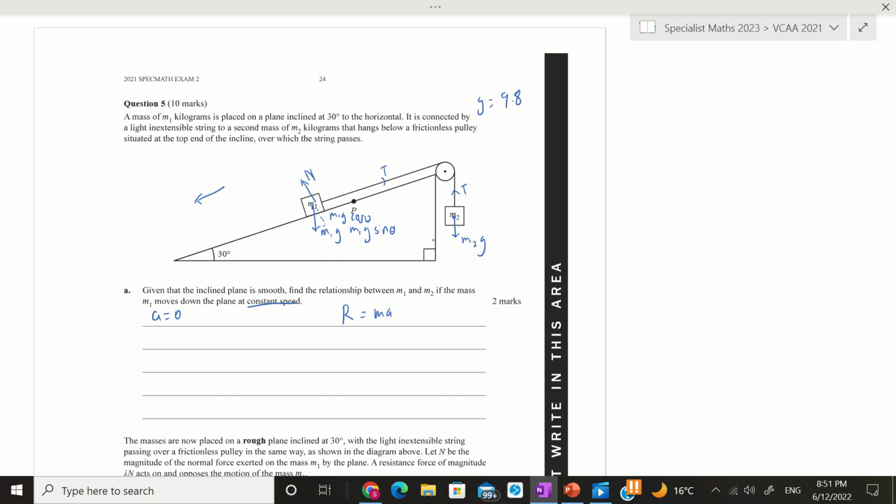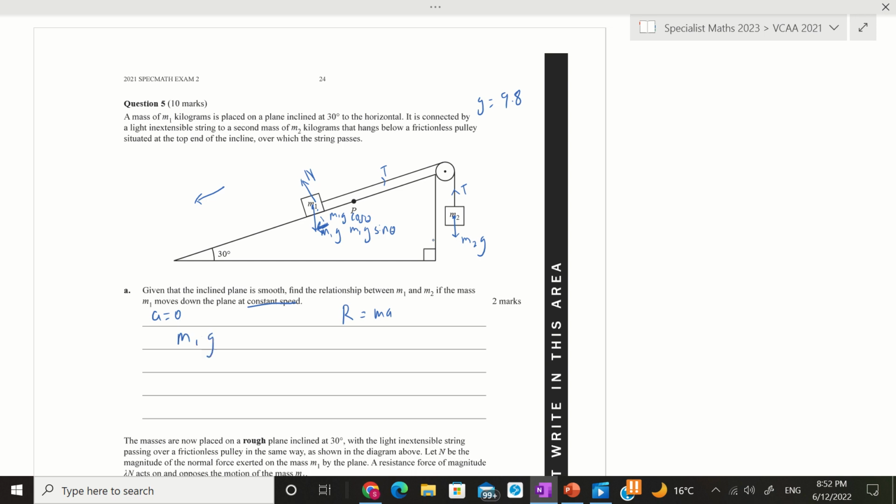Obviously, the parallel component is the one we're interested in, because it is the one that is actually going to move this m1 mass down the plane, which is why I'm resolving the forces parallel to the plane, and I'm going to use this value right here, this m1g sine theta value.